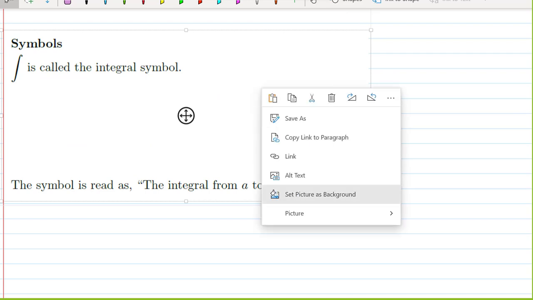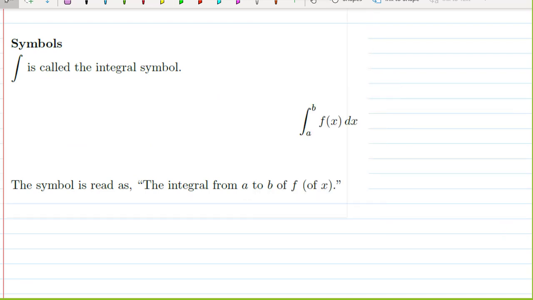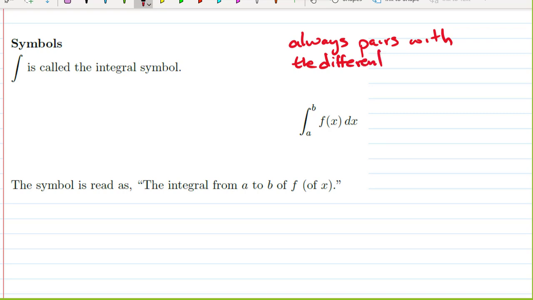The integral symbol always pairs with a differential. So whenever we have an integral symbol, we always have to have a differential, and we'll talk about why these two things go together.